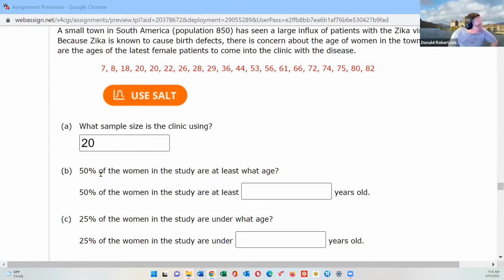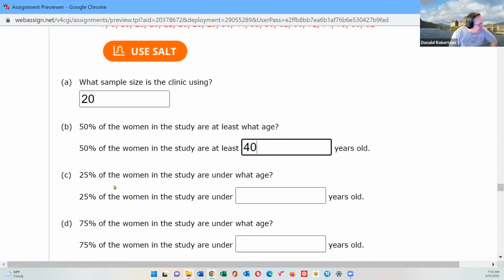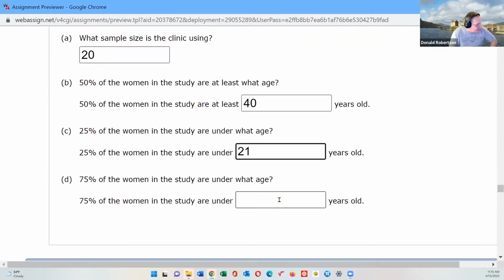They talked about 50% of the women being at least this age, and that ends up being the 40 that we talked about. 25% of the women in this study are under this age. Wasn't that the 21 that we talked about? And the 75% or over is 69. Are we all comfortable with those numbers and where we got them from? Isn't that basically Q2, Q1, and Q3?